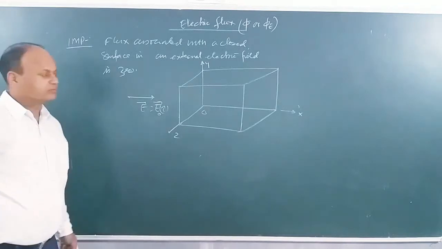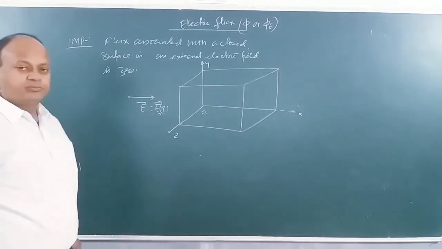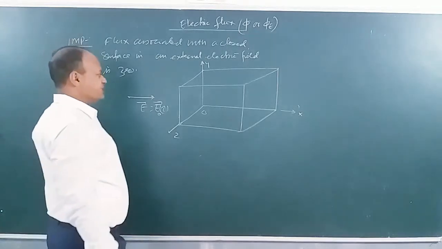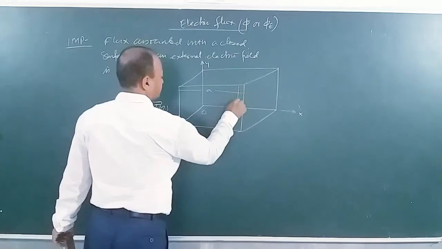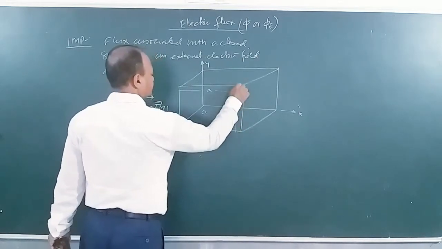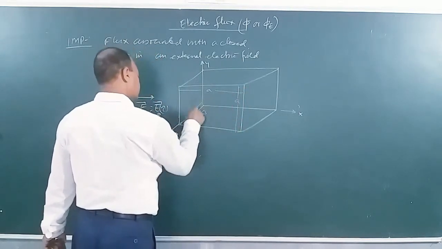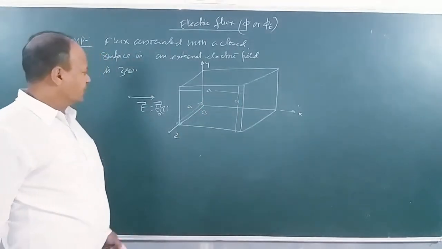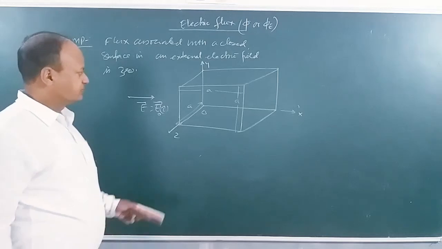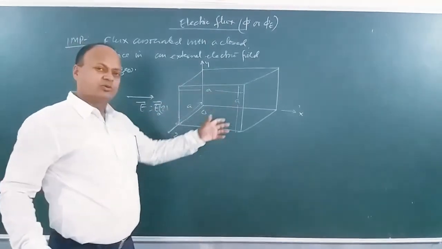Let's take an example of a cube, and let this side be A. This is A. This is A. This is also how much? A. And I want to find out what is the total flux through the cube.